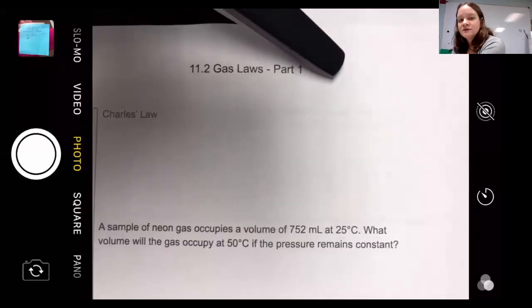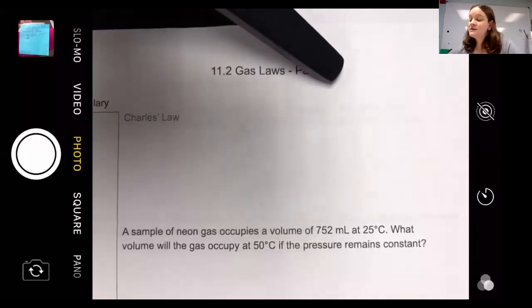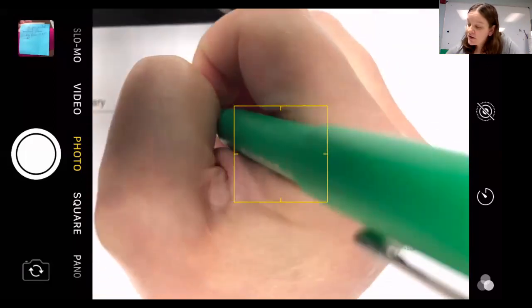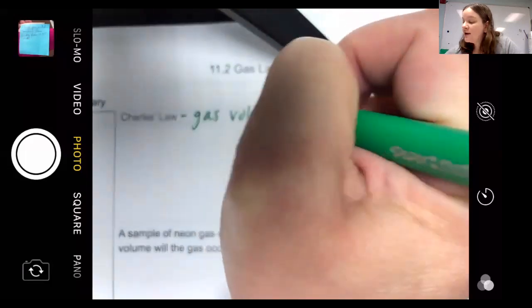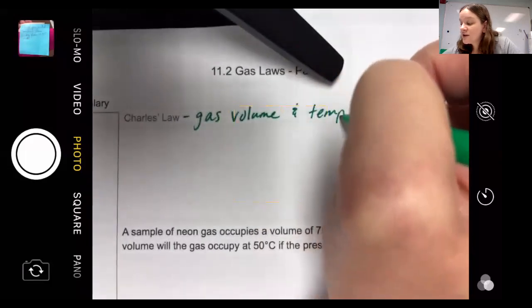All right, so Charles's law, but this time instead of relating pressure and volume, we are going to relate volume and temperature. So Charles's law says that gas volume and temperature are directly related.